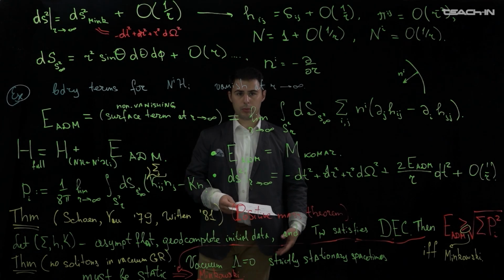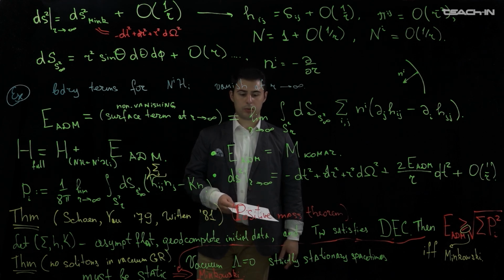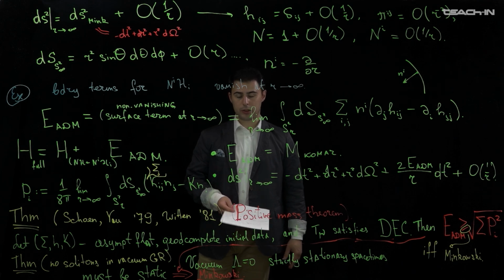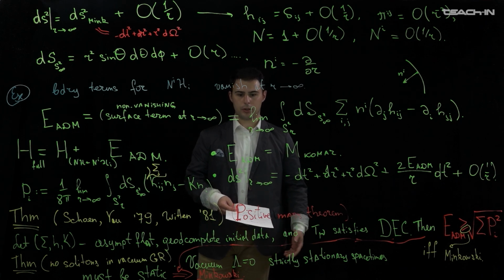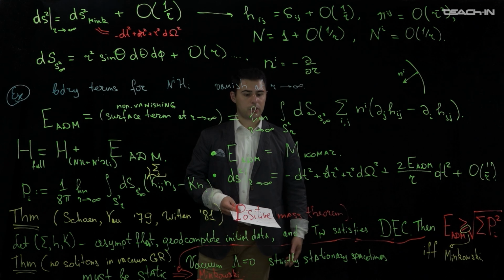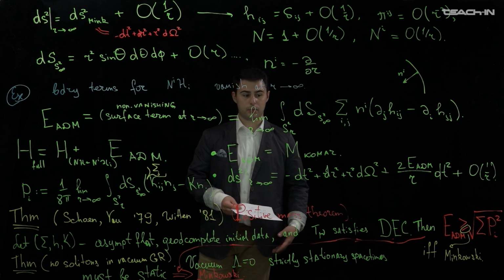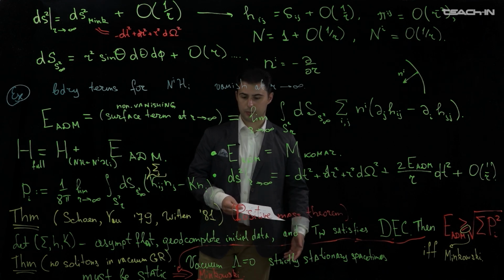So let us explain the meaning of the theorem. The original statement by Lichnerowicz was that if you take the vacuum, lambda equals 0, strictly stationary spacetime, that is, a spacetime where we have a globally defined stationary Killing field, then the spacetime must necessarily be static. And the positive mass theorem allows us to conclude that such a static vacuum spacetime would necessarily be Minkowski.